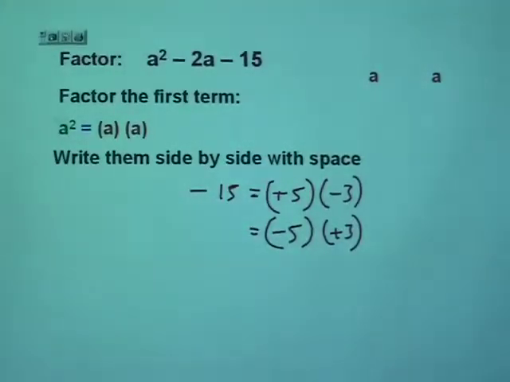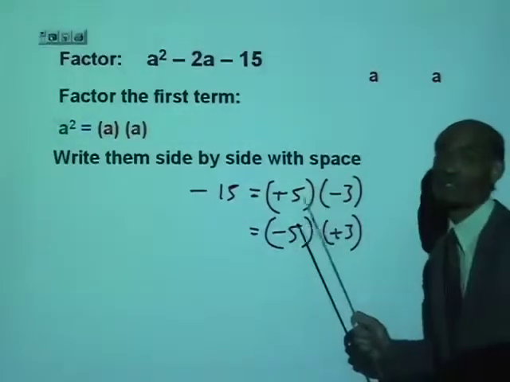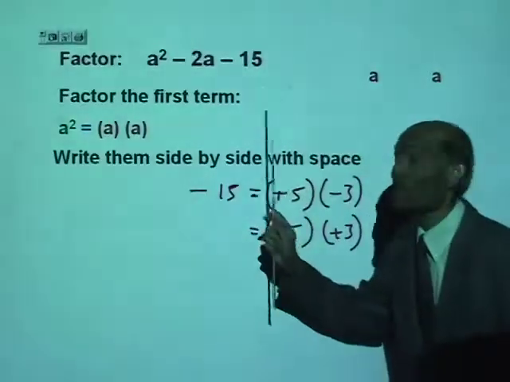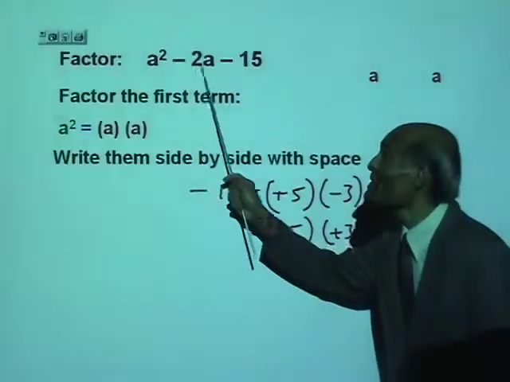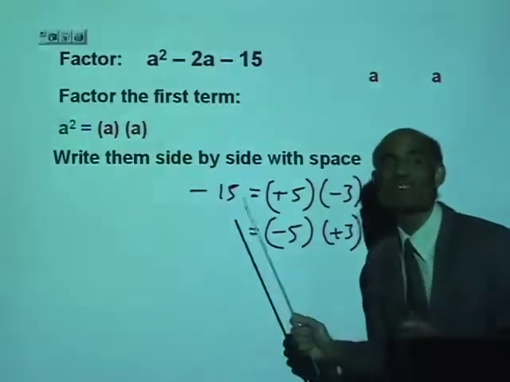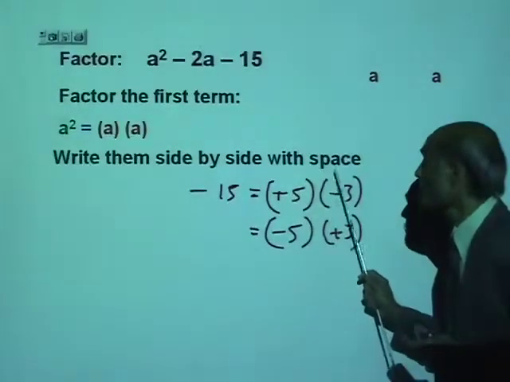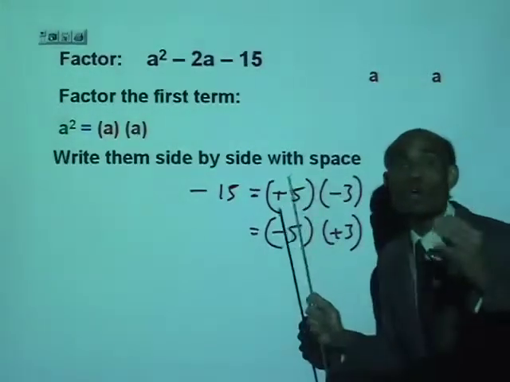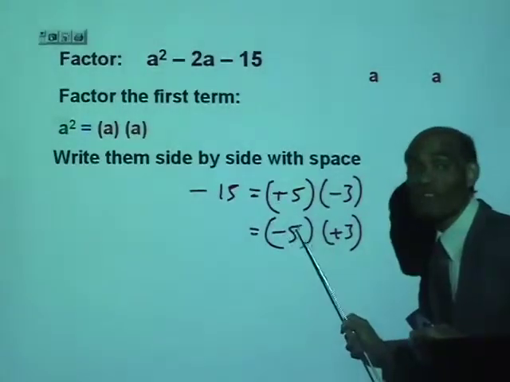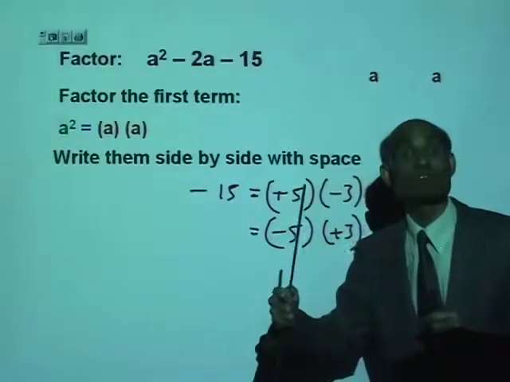Well, you see, it's very easy to determine which is our choice. The decision is made by looking at the middle term. The middle term is negative 2a. Now, if you add positive 5 to negative 3, you only get a positive 2. But negative 5 added to positive 3 is going to be a negative 2.